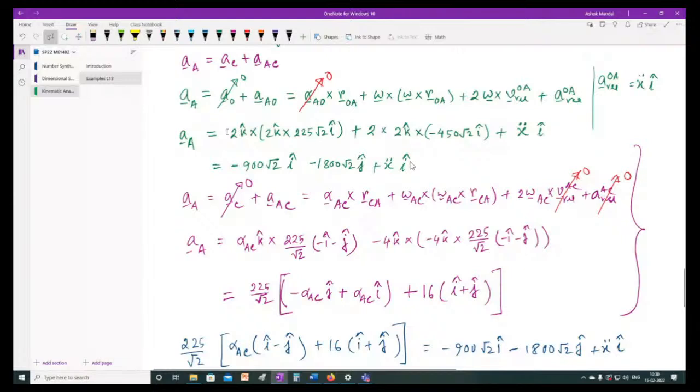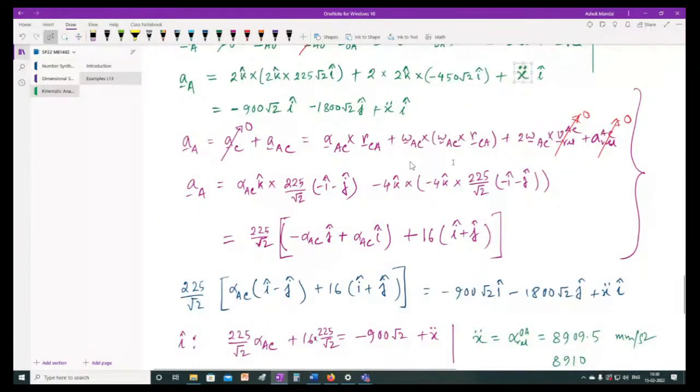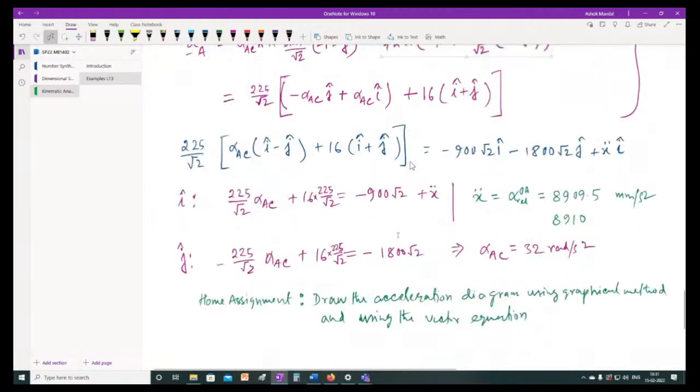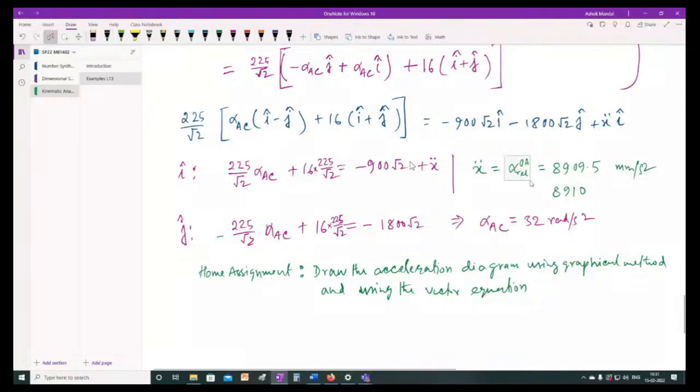This is the component along the link length. This is a component which is perpendicular to the link. On the other hand, you have this component, perpendicular to link length, and this component is along the link length. Using these you can find out the unknown quantity, that is the A relative.